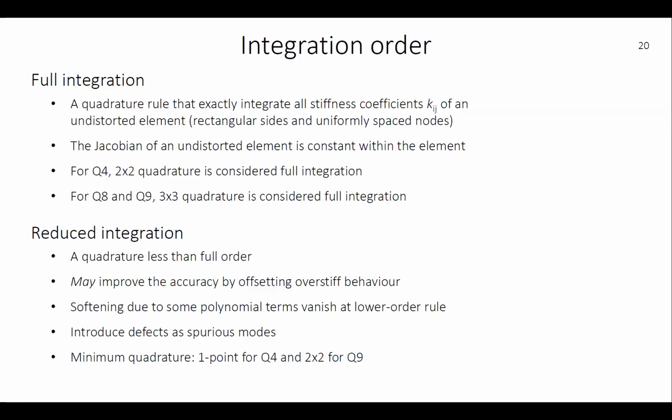But you also have a risk of introducing defects such as spurious modes or severe deficiencies of the elements. So the minimum quadrature rule is 1 point for the Q4 and 2x2 for a Q9 element. That's the minimum that you need in order to be able to evaluate the K-matrix.